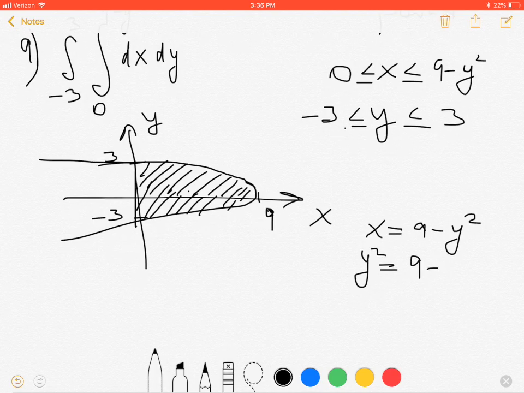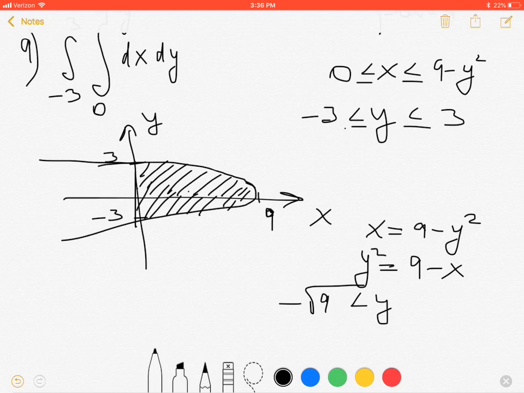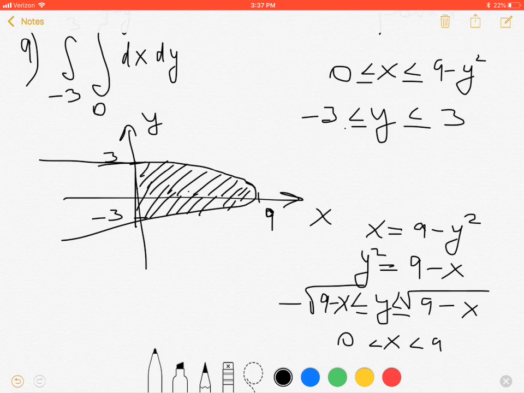Okay, 9 minus x, and this means y needs to stay between these two curves. It's between minus square root of 9 minus x and square root of 9 minus x. And this is how y changes, and x changes from 0 to 9.